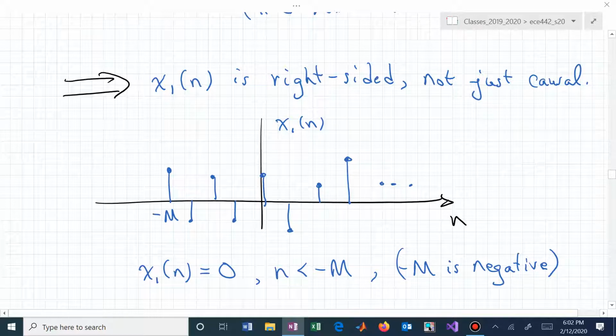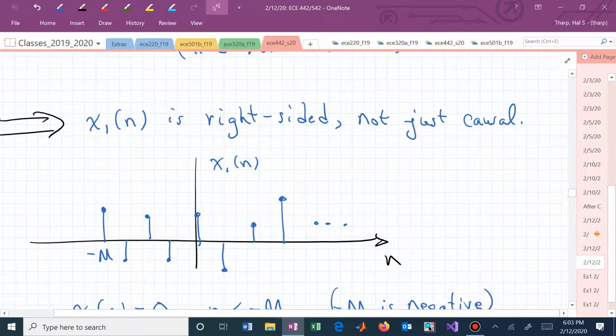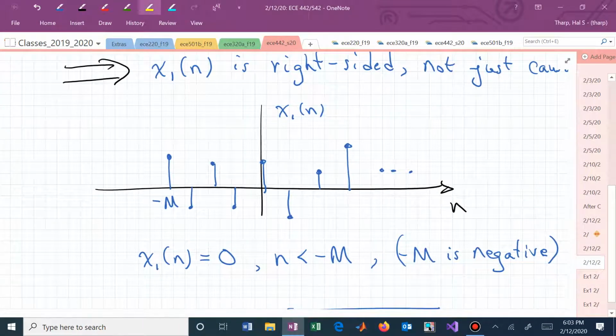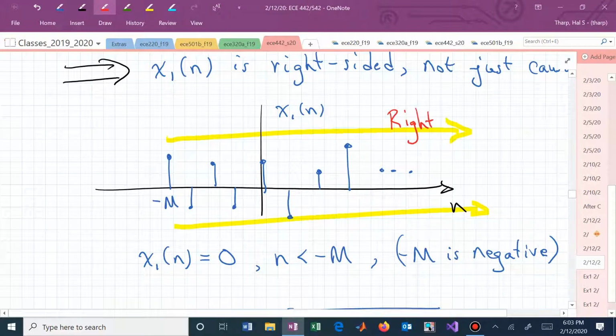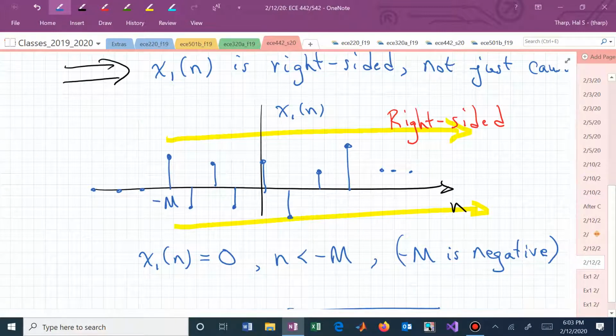Here's the right side. And below, or less than minus m, x1 of n has all 0 values.